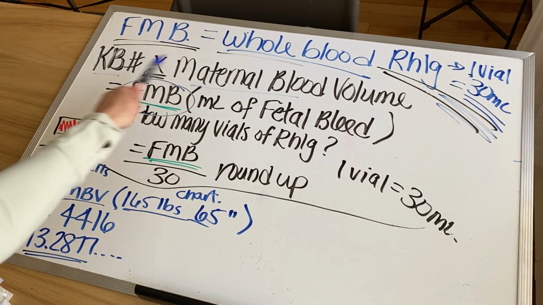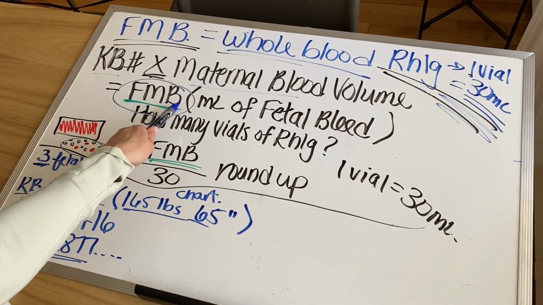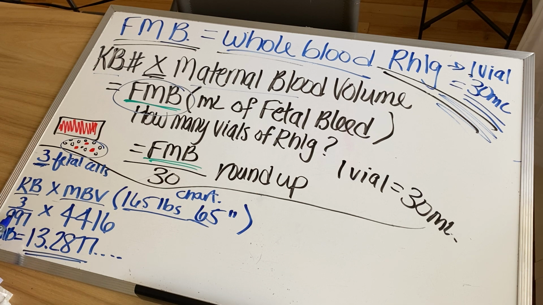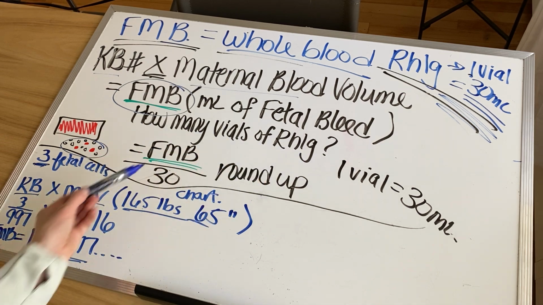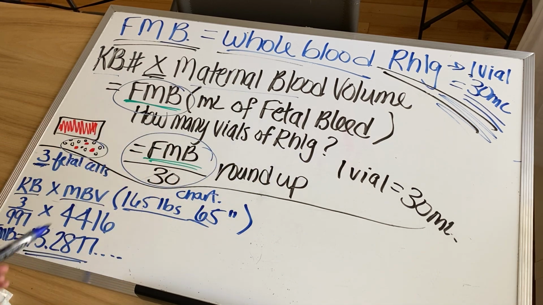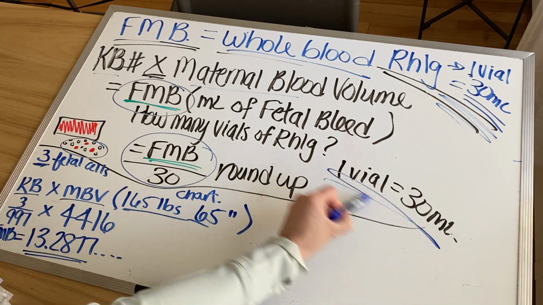Because the KB times maternal blood volume is the fetal maternal bleed. And then what did we say? How many vials of RhIg do we need? You do your fetal maternal bleed divided by 30, because 1 vial equals 30.